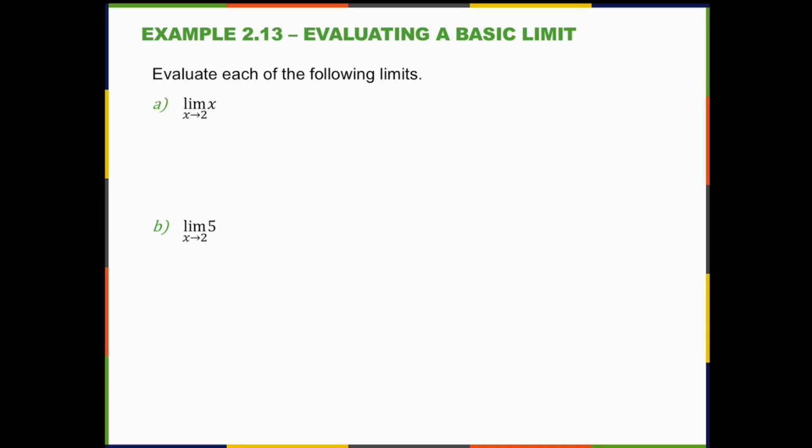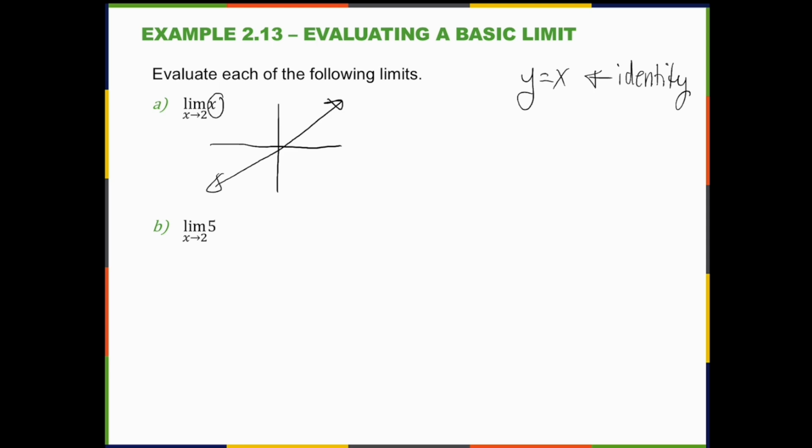Looking at this, this is called the identity function, although I didn't call it that before. That's because no matter what I plug in for x, y is going to be the same thing. Now, as x gets closer and closer to 2, remember, x is just this function that passes through the origin, y equals x, and in this case, we're approaching positive 2.